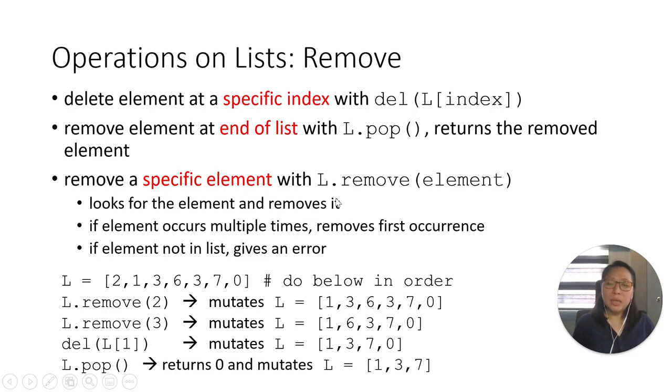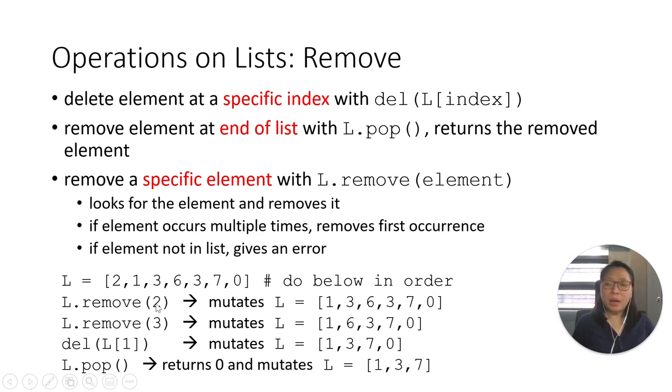So this method looks for the element and removes it. If the element has multiple occurrences in the list, it removes the first occurrence of that element. If the element is not in the list, it gives an error.